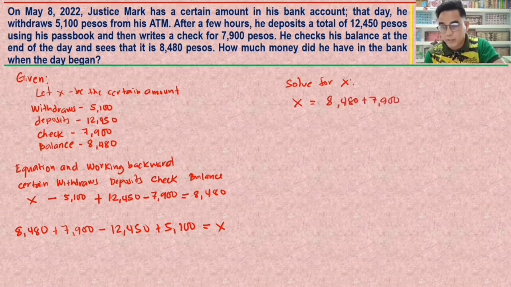And then, we're going to subtract 12,450 and finally add 5,100 to get the value of X.